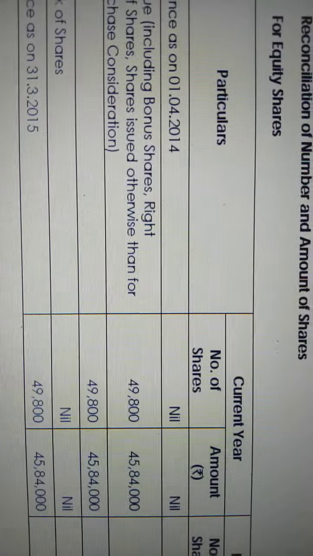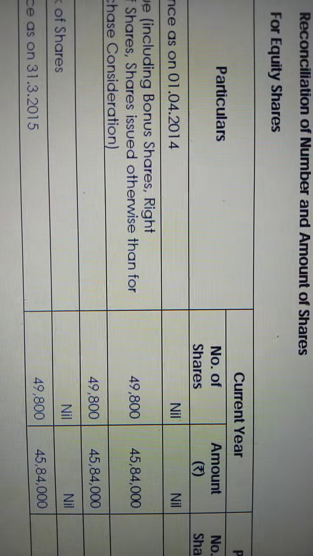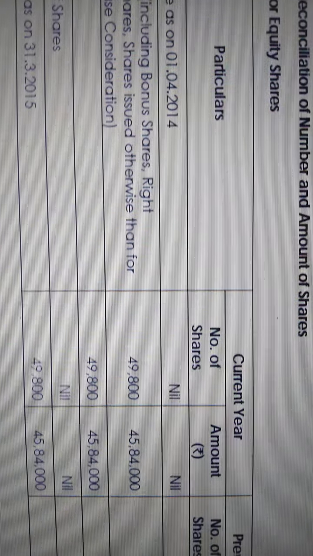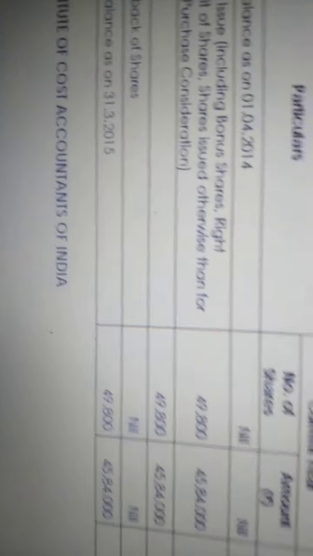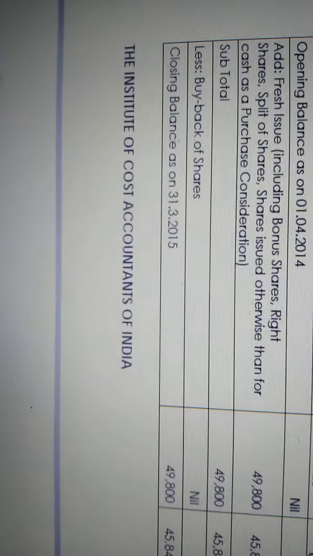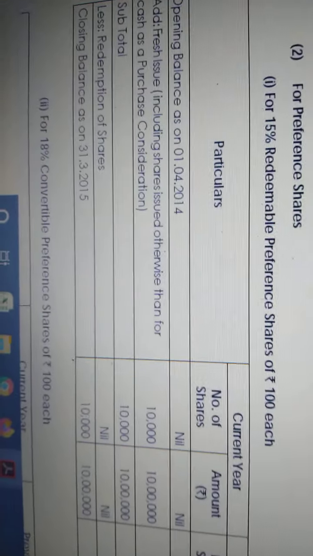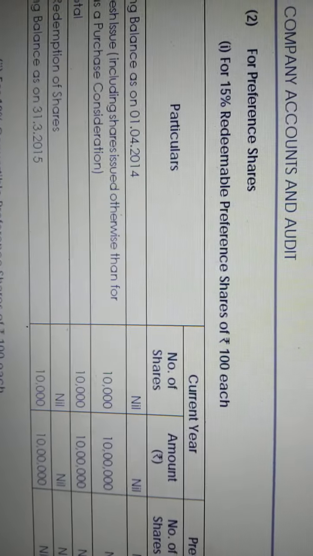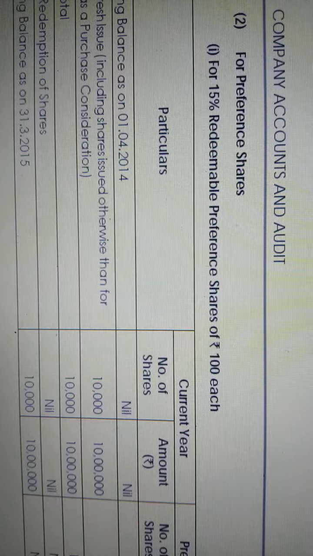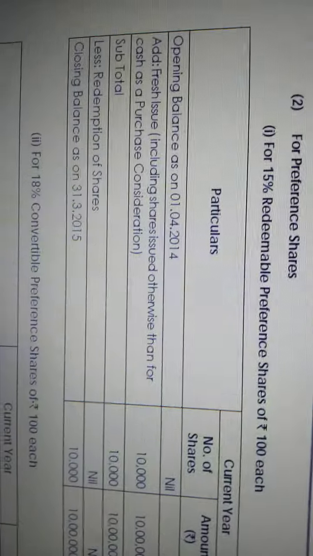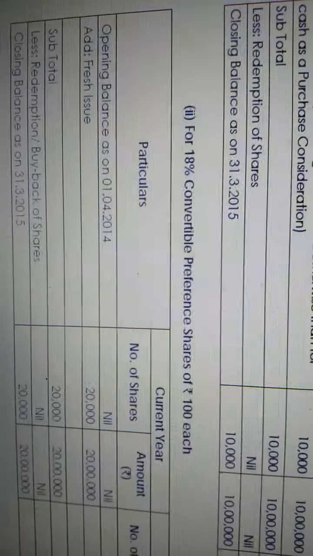How did 49,800 come? 30,000 plus 19,800 equals 49,800. The amount we also know, so the total closing balance is 49,800 shares, 45,84,000. Likewise preference shares also. Everything is newly issued because this is a new company; during the year only they issued the shares. That is why opening balance is 0 and everything is posted under fresh issue. Like this, convertible preference shares also they have posted.